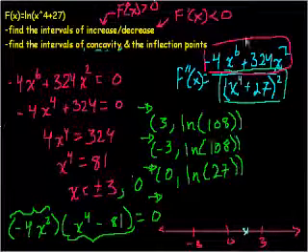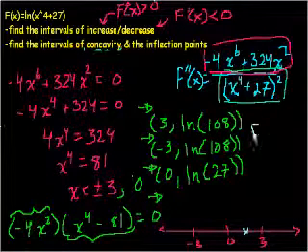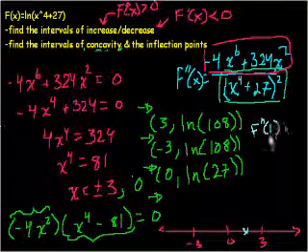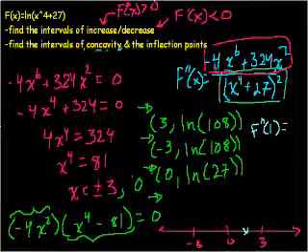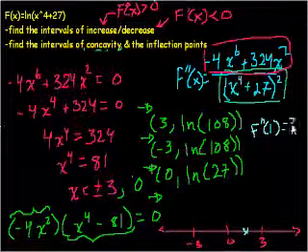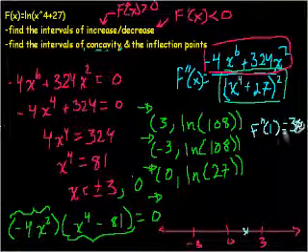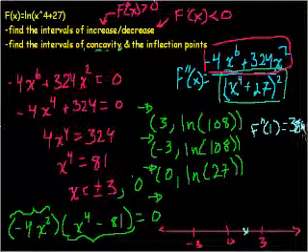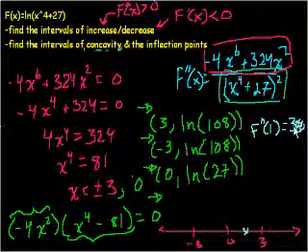So at x equals 1, what's f prime prime of 1? The second derivative at 1 is equal to what? It's equal to minus 4 plus 324. So it equals 320. We don't even care what the number is. All we care is that that number is positive, right?